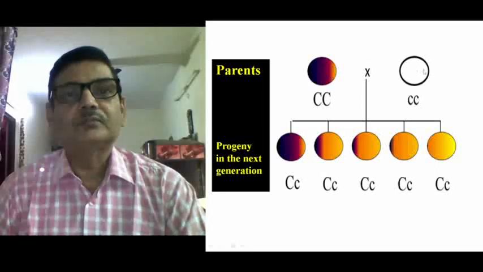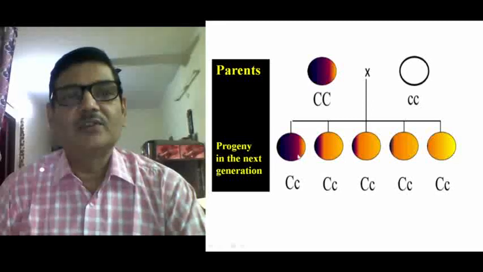So when these two individuals are crossed, then we find in the next generation their offspring having only capital C small c genotype. It means all these are heterozygous, and since the capital C allele is there, we expect the presence of the phenotype.